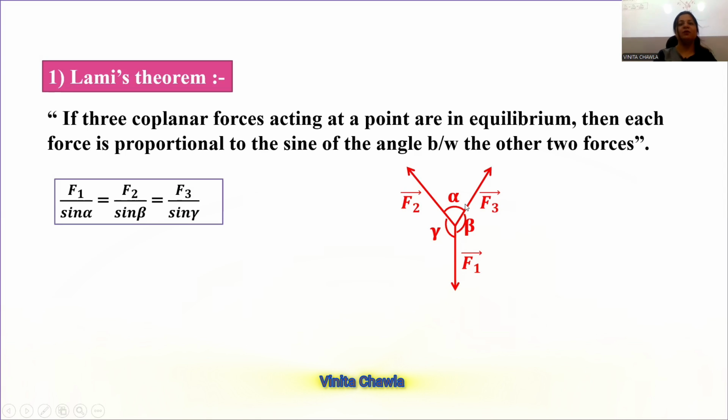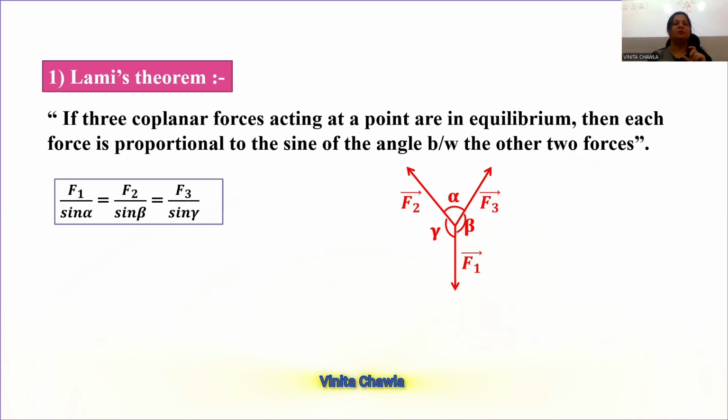Then each force is proportional to sine of the angle between other 2 forces. So if we take F1, the other 2 forces are F2 and F3. And what is the angle between F2 and F3? It's alpha.